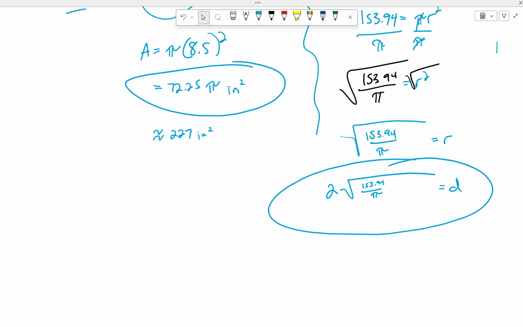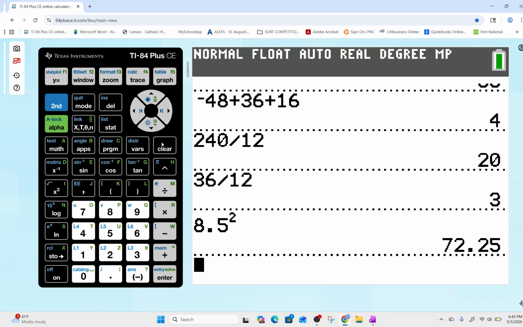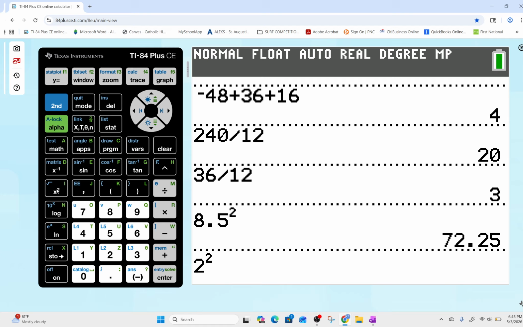Which, by the way, when you put it into a calculator, it's about 14. All right, let's go check it out. So we have 2 times the square root of 153.94 divided by, all inside the parentheses, pi.